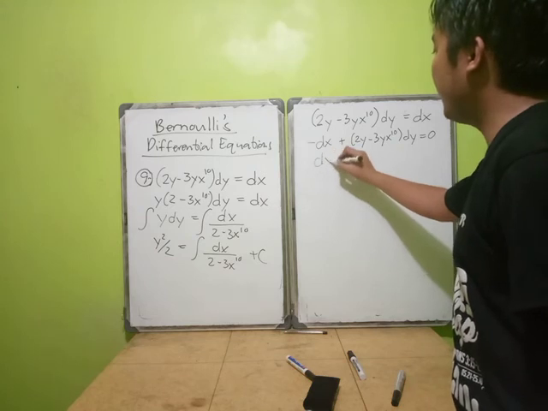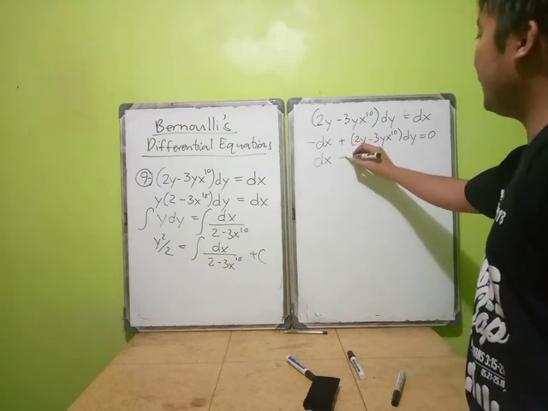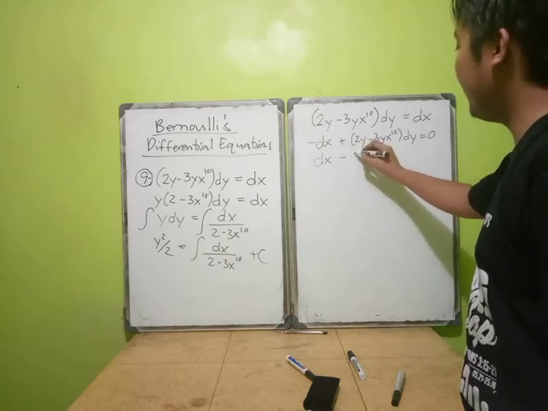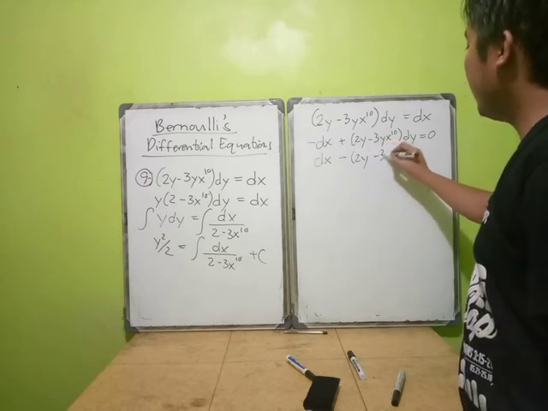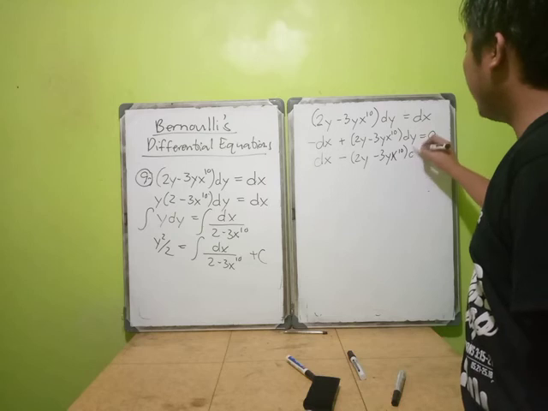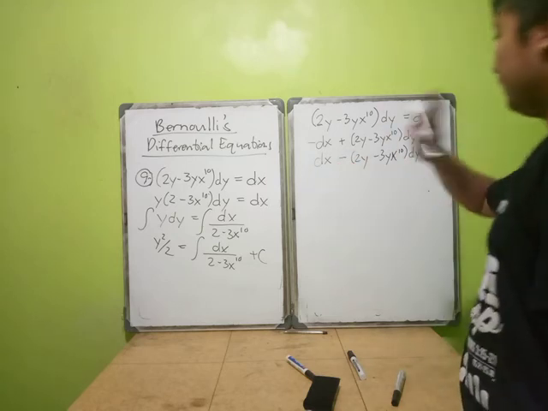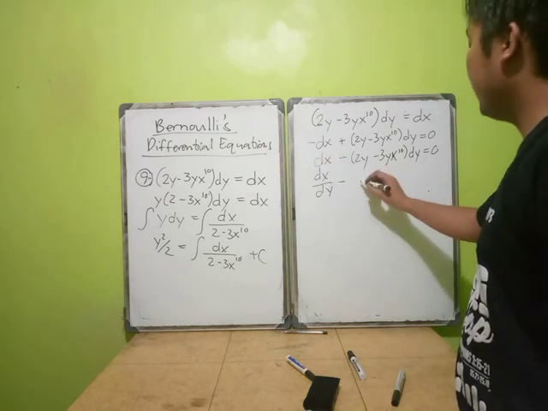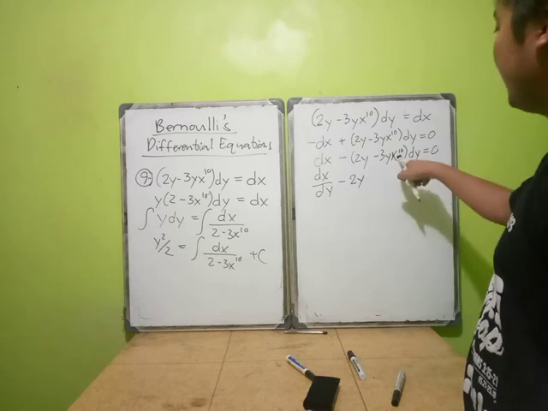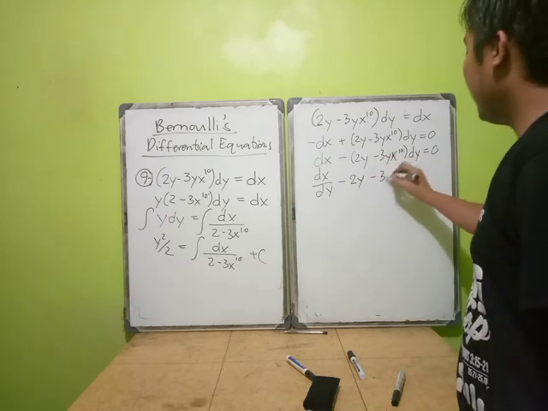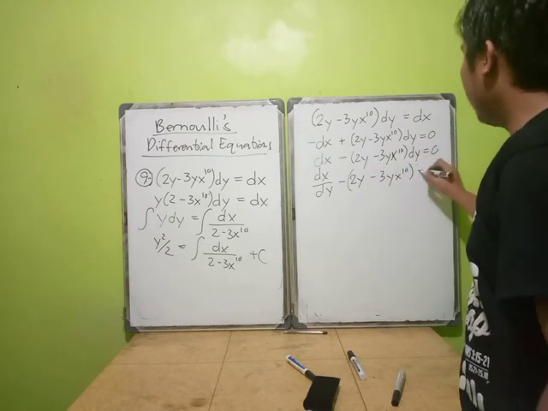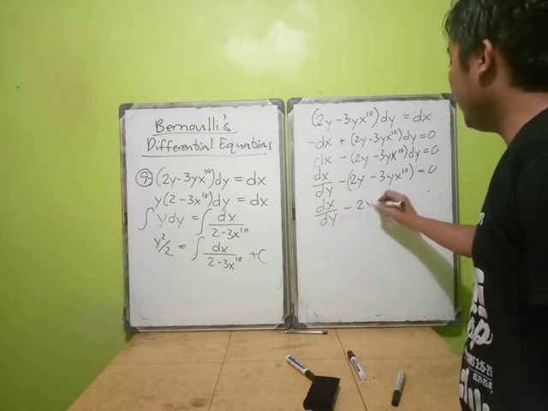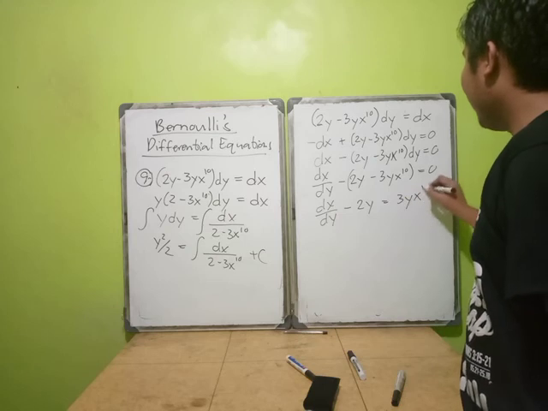I-multiply ko muna siya ng negative 1 para maging dx minus magiging or madali is okay, maging negative 2y minus 3y x to the 10 dy equal 0. So, divide dy all over. So, magiging dx over dy minus 2y. Okay, so, minus 3y x to the power of 10 is equal to 0. Okay, so maging dx over dy minus 2y is equal to 3y x to the 10.